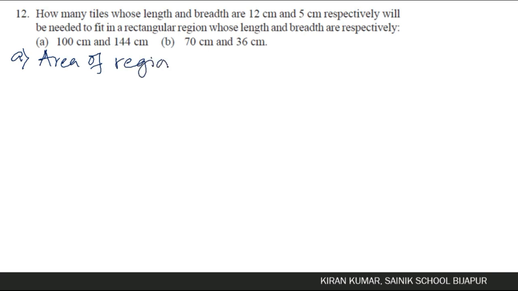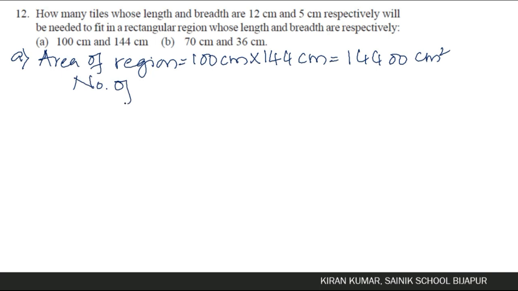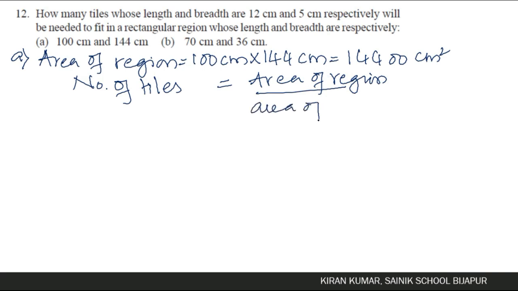region is 100 centimeter times 144 centimeter, we would get 14400 centimeter square, and the number of tiles will be equal to area of the region divided by area of one tile.